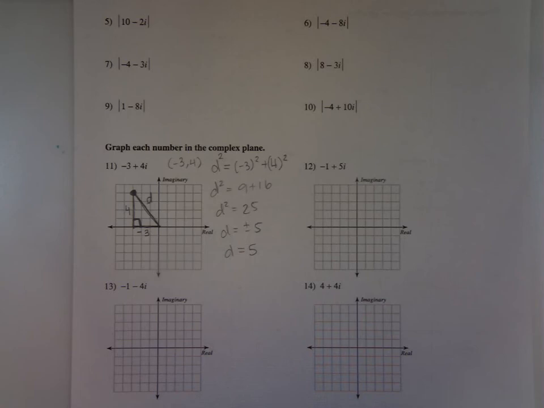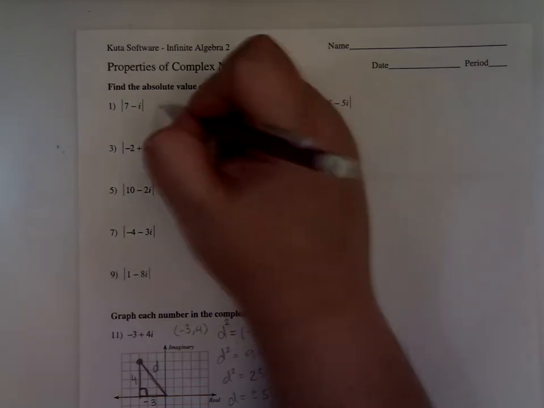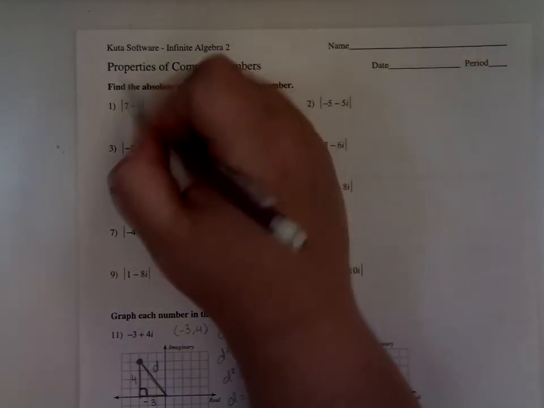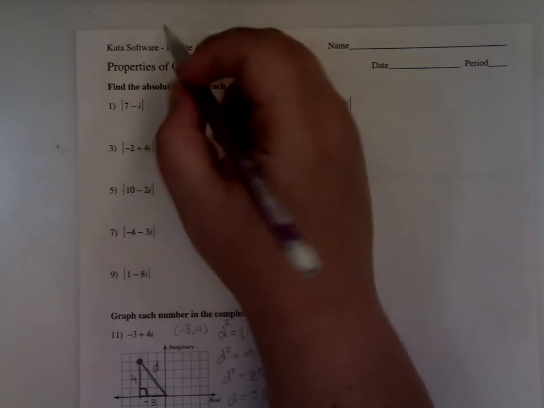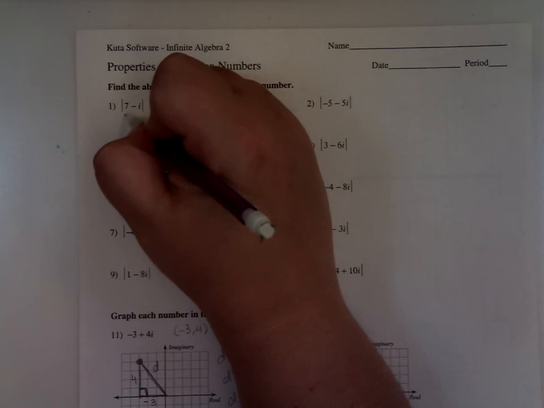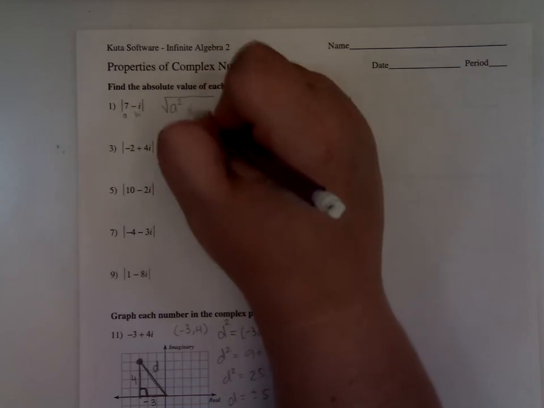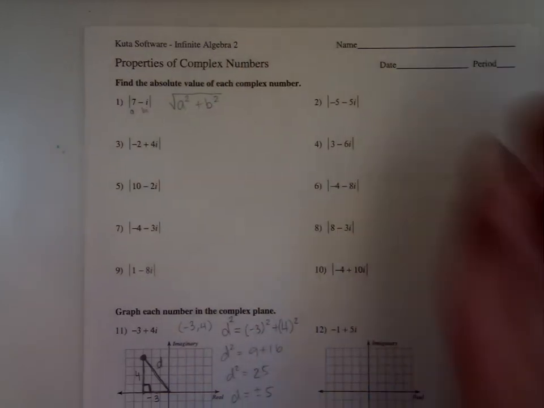So going back up to here, find the absolute value of each complex number, it's going to basically be, if this is a plus bi, the square root of a squared plus b squared is the distance. And that's the distance formula.